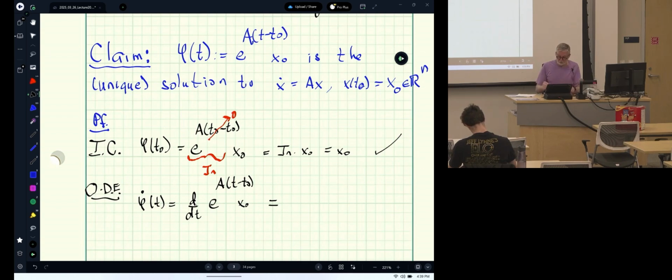One of the properties we just learned about matrix exponentials is that when we differentiate it, the A comes down and then we keep the exponential, and the initial condition is still there.